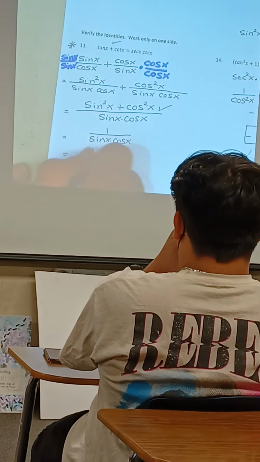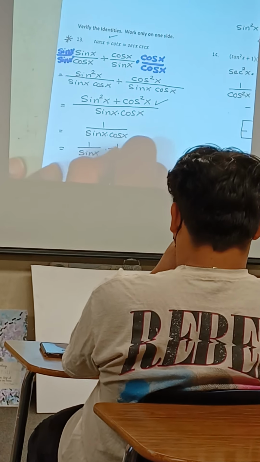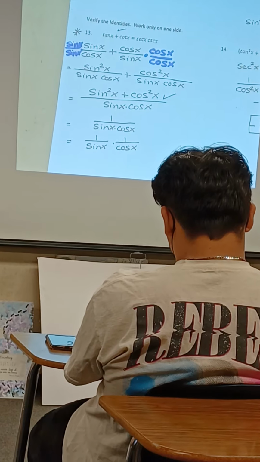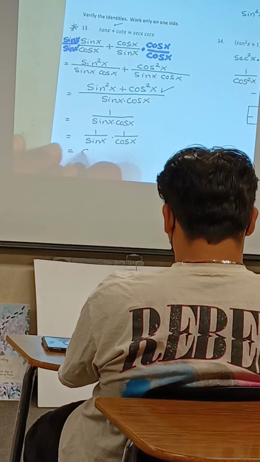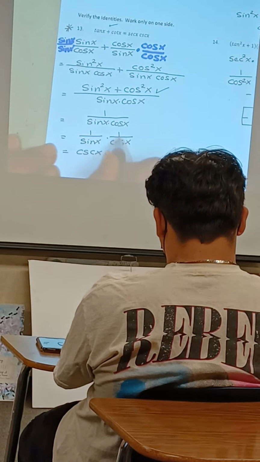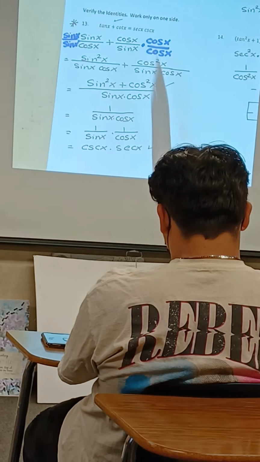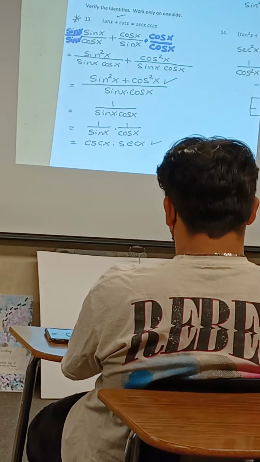Maybe I can show one more step. So you got 1 over sine, 1 over cosine. 1 over sine is cosecant, 1 over cosine is secant, and that's what you want on the other side, right? Cosecant and secant.